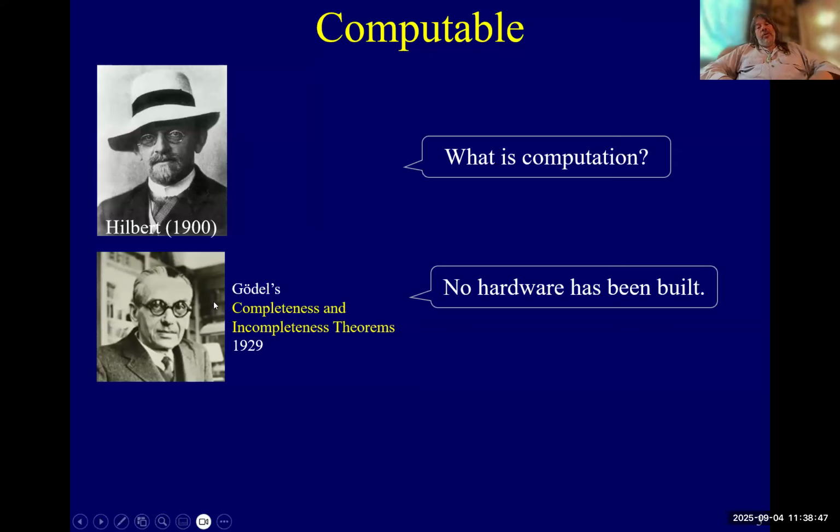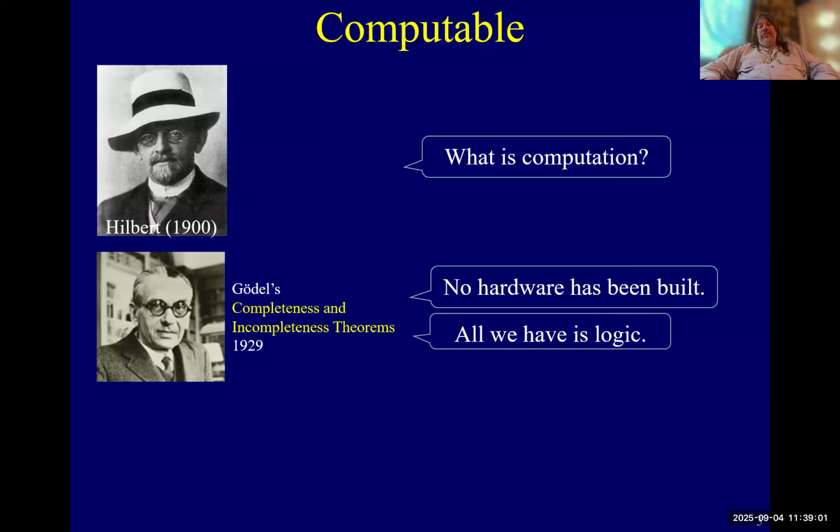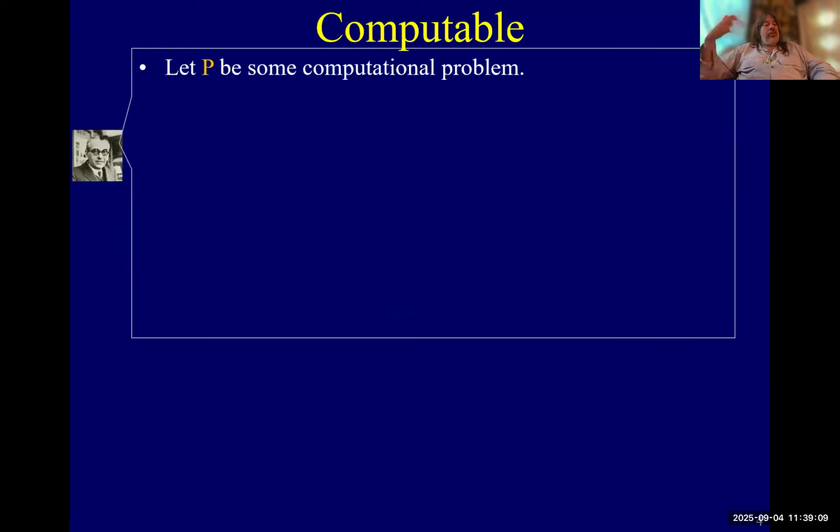And Gödel is a logician who proved really amazing things. Back then they didn't have computers yet. They just had math and logic. So we're going to think about computation from the perspective of logicians, since these are logic slides.